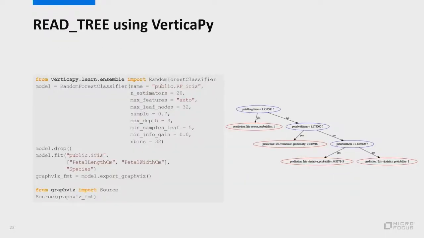As usual, there's the analogous function in Vertica Pi, and you get the same thing, but in fact, you don't even have to copy and paste it into some site. You just import Graphviz and output your image.